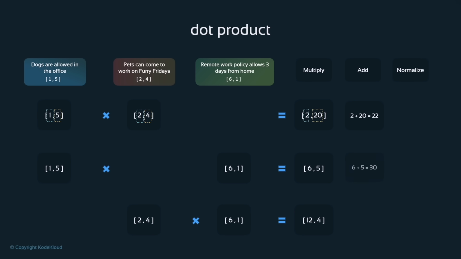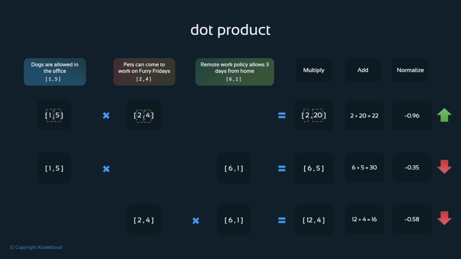We then add the multiplied numbers together. So 2 plus 20 gives us 22, and we get 30 and 16 for the others. And finally, these go through a normalization process to convert these numbers into values between 0 and 1. That also takes into consideration the total size of the vectors, among other things. Finally, the pair with the value closest to 1 are similar and those away from 1 are dissimilar.